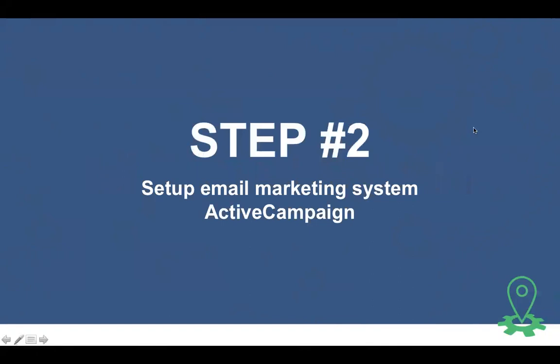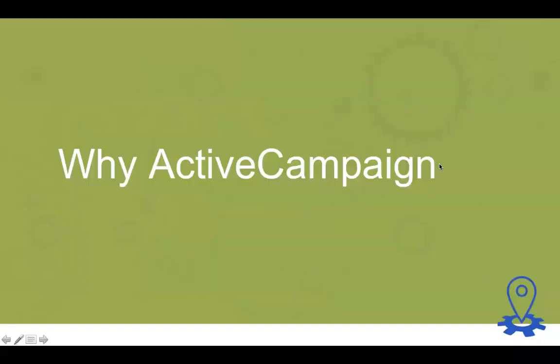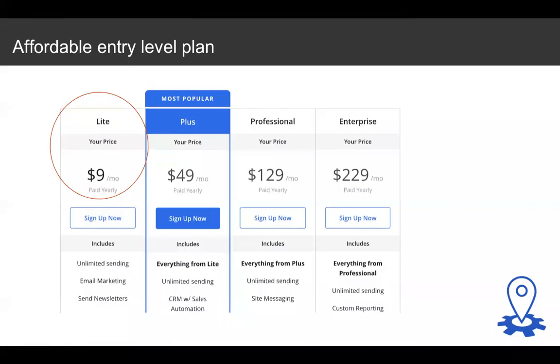And I have chosen for this presentation to use a software that is called ActiveCampaign. Although I am actually a certified partner with Infusionsoft, we use both of them. But ActiveCampaign is a great starting point for a lot of businesses.